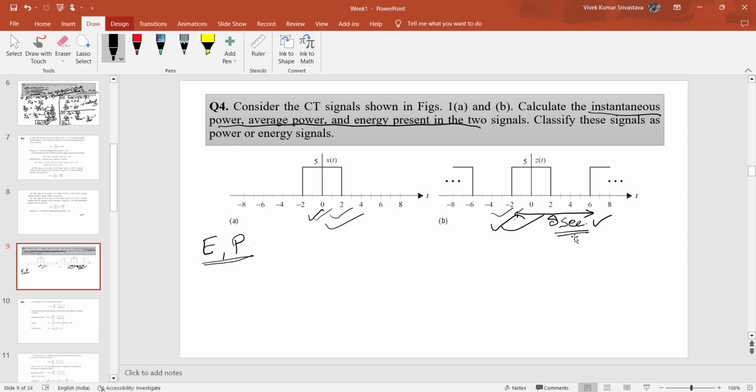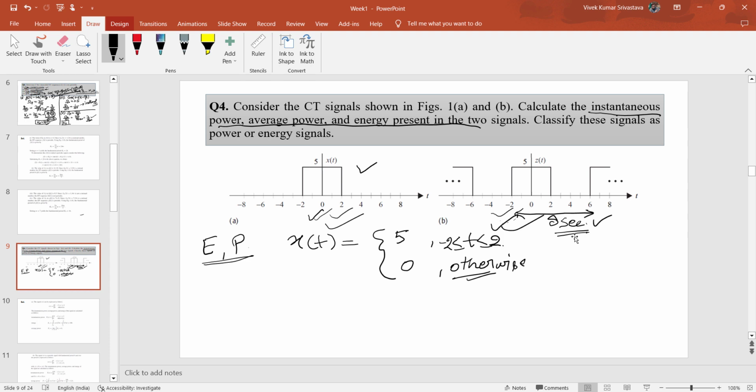So here let us first represent this signal, that is, x of t is defined as 5 for the interval -2 to 2 and 0 otherwise. This represents the signal x of t.